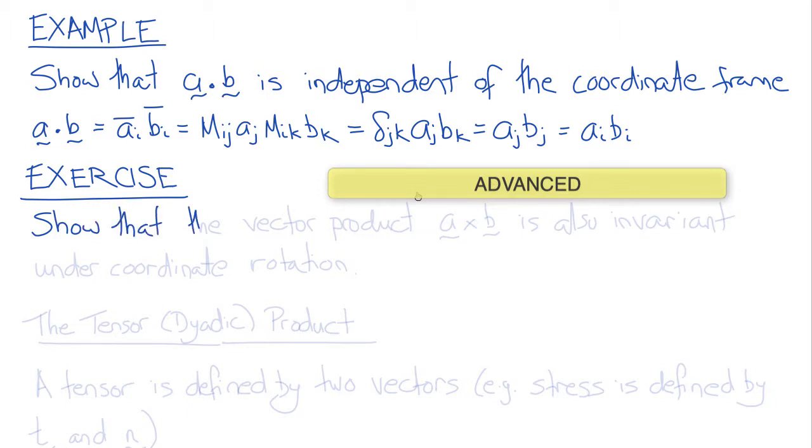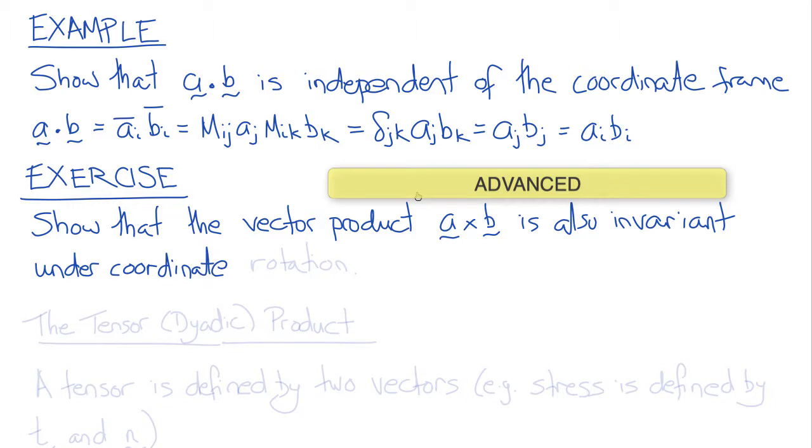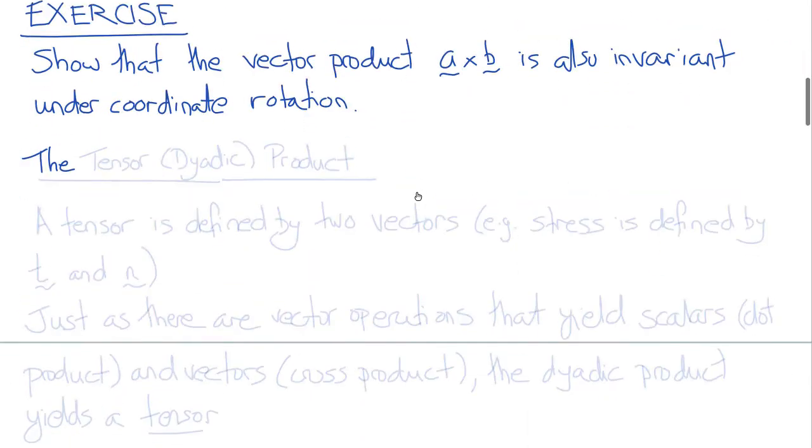So, as another exercise, you can do the same thing yourself for the vector product, A cross B. If A is a physical quantity and B is a physical quantity, then you'll be able to show that the cross product is also a physical quantity, and therefore regardless of which frame of reference you use to calculate it, you'll get the same vector.